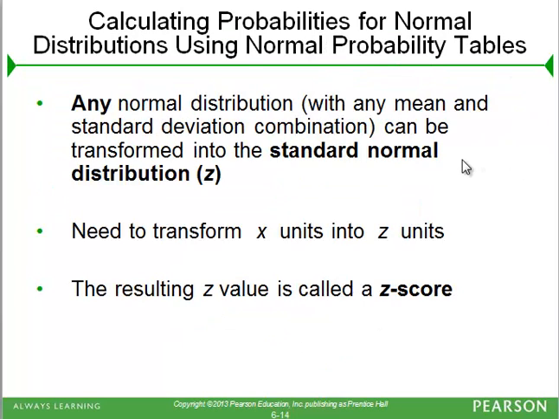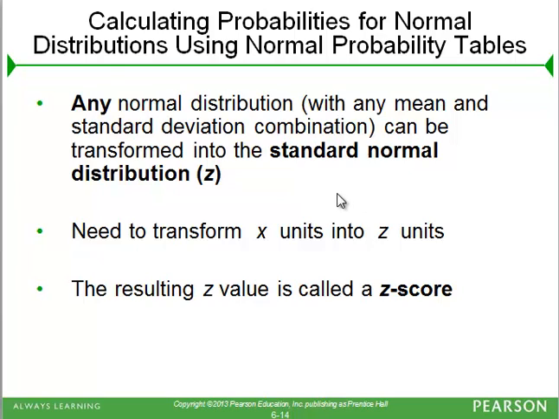Our method is to use the standard normal distribution as a ruler to mirror other normal probability distributions. What does that mean?